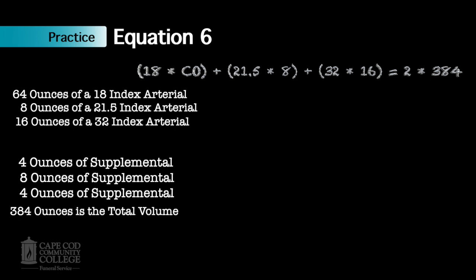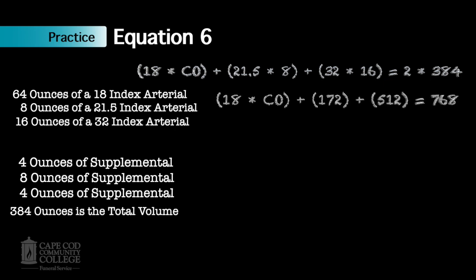So in this case, we're going to have 18 index times the concentrated ounces that we want to change, and we're going to add that to the next chemical, our 21.5 index chemical that we used 8 ounces of, add that to our 32 index chemical that we have 16 ounces of, and we're going to have our 2% solution times the total volume on the right side of the equation.